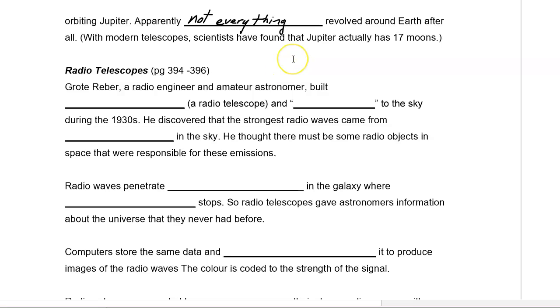Now, a radio engineer, an amateur astronomer, actually built a radio dish in order to actually listen to the sky. So he was a radio engineer, and he decided, hey, I'm going to actually listen to the sky.